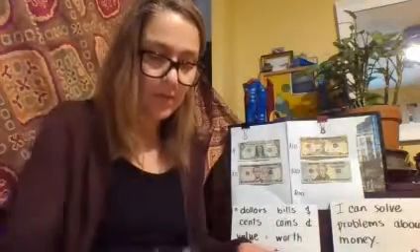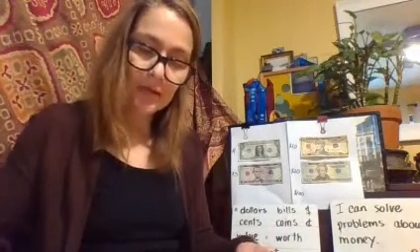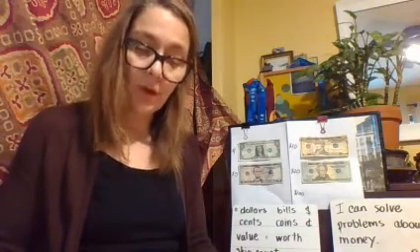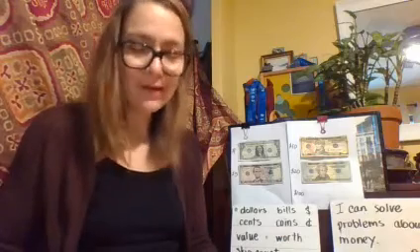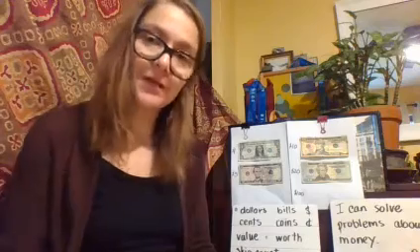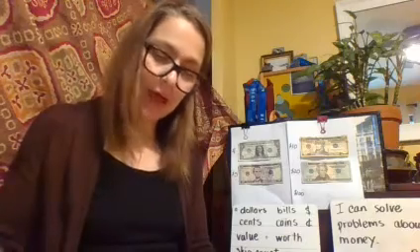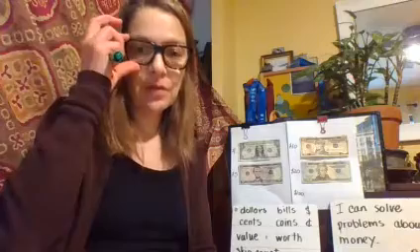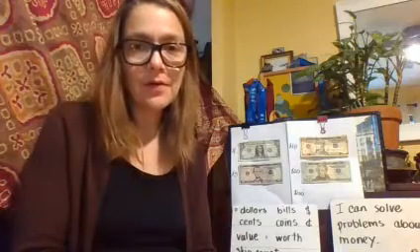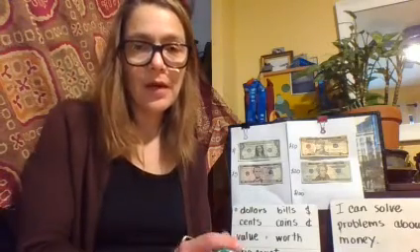Now read it again. Maria has only nickels. Sarah has only dimes. Billy has a $1 bill, and they all have the same amount of money. How many dimes does Sarah have? How many nickels does Maria have? And explain how you found your answer. So you can pause the video here and go ahead and do that.